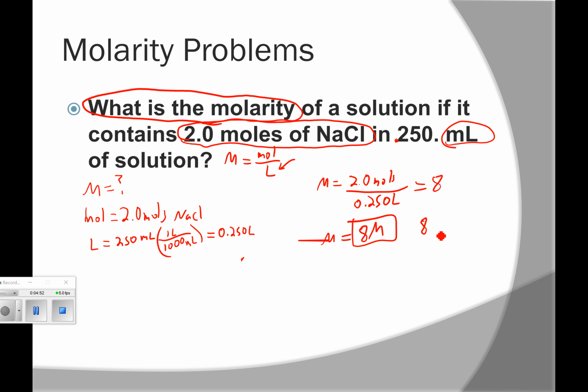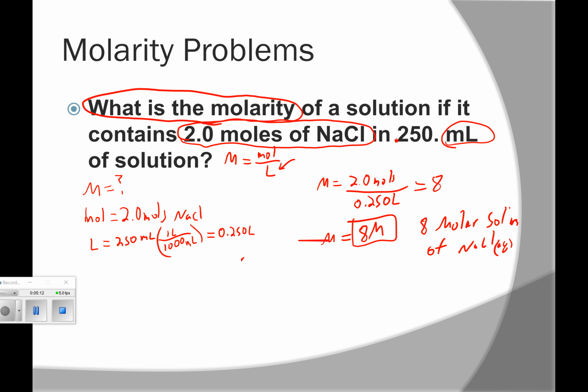We pronounce that 8 molar. It's an 8 molar solution of sodium chloride. Just want to make sure that we have correct units, moles, and that we have liters.